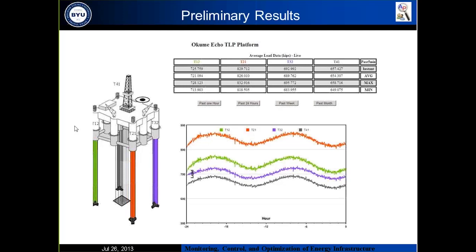So here you see that the sensitivities are almost the same for all of the tendons. Then after finding the sensitivity value, I will have to find the best calibration value.